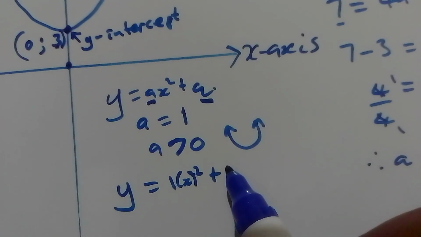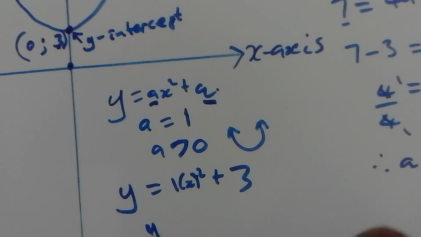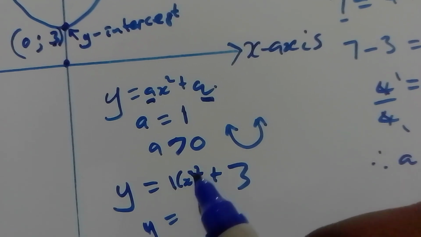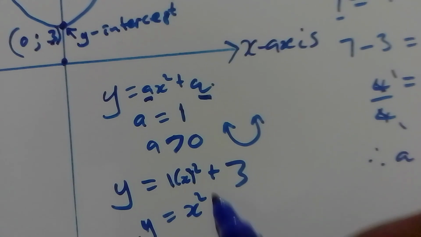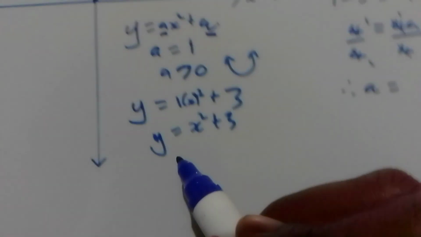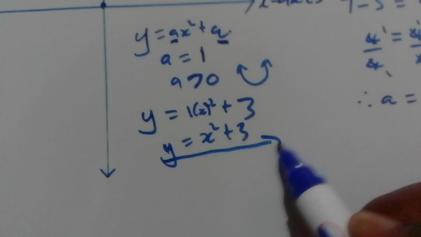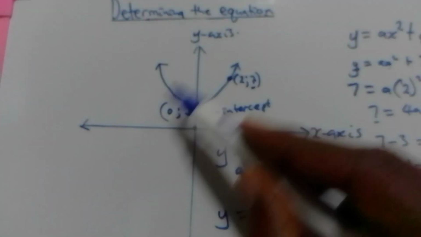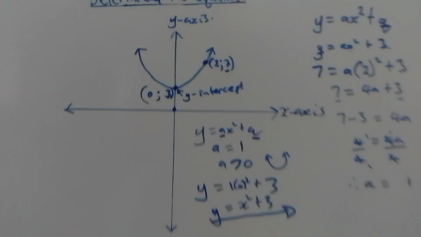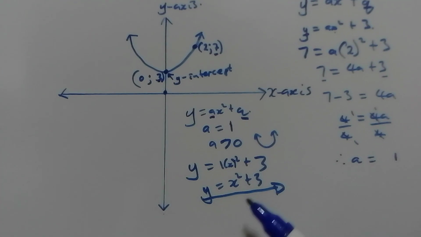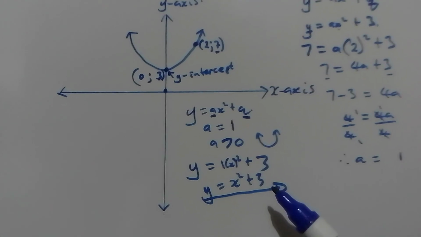We found that the y-intercept is 3. So we say y is equal to 1 multiplied by x squared, which gives us x squared plus 3. And just like that, we've determined the equation for this particular graph, right? y is equal to x squared plus 3.